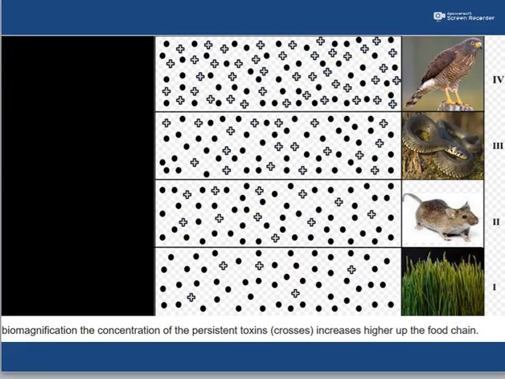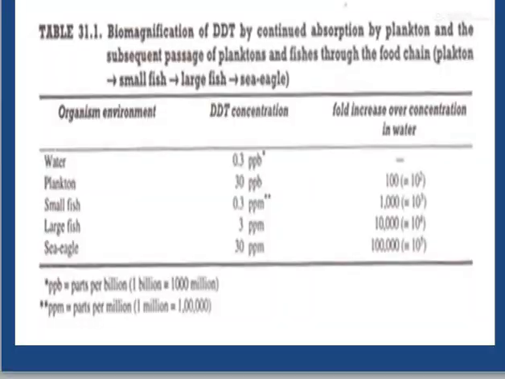The same is the case when you are considering a toxic pollutant moving across a food chain. The amount of the pollutant is found to increase many times when you go to a higher trophic level, and that process of increase of a xenobiotic across a food chain is referred to as biomagnification, bioamplification, or biological magnification.